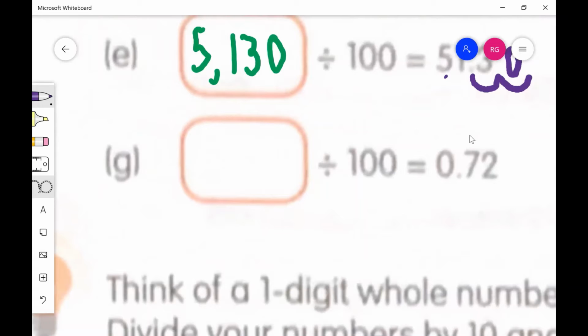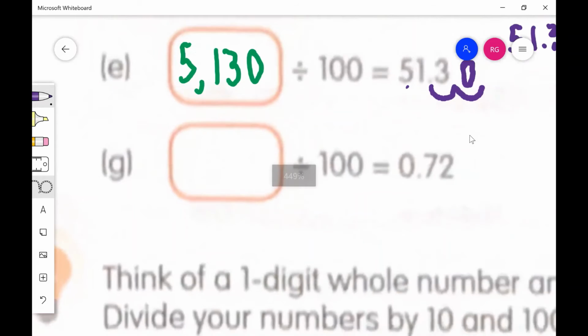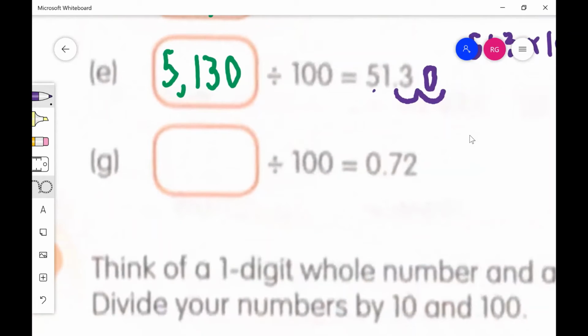All right, for G, it says blank divided by 100 equals 0.72. Again, we could think of this as an algebra problem, x divided by 100, and then to cancel that x, we would just take 0.72 and multiply by 100.